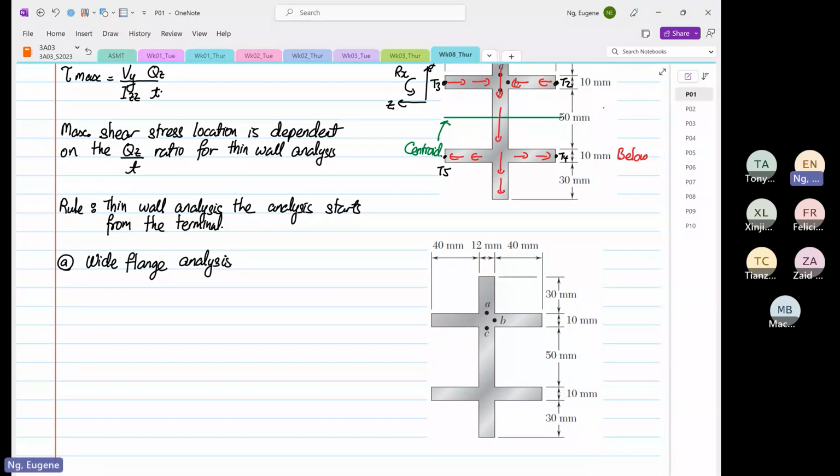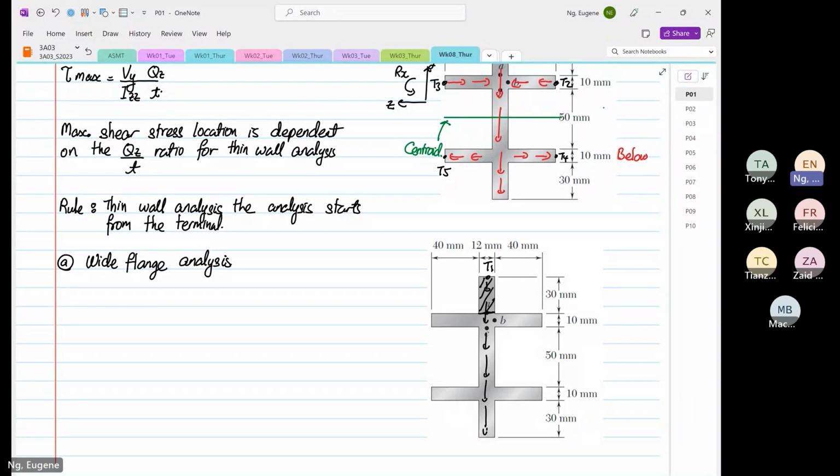Okay, so if we just focus on point A, I'm going to sketch the shear flow q. So this is our T1. When it reaches A, this is the area that you have to consider. Remember, the analysis starts from the terminal.